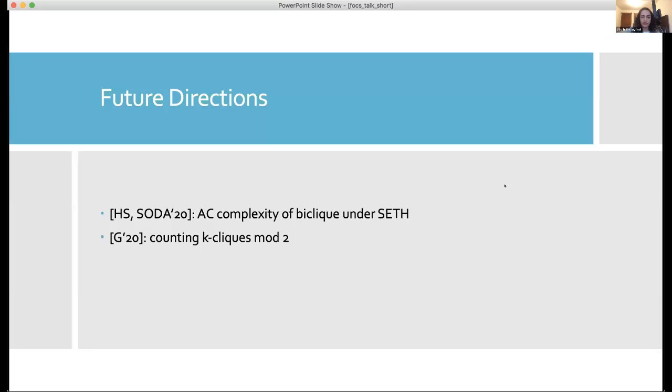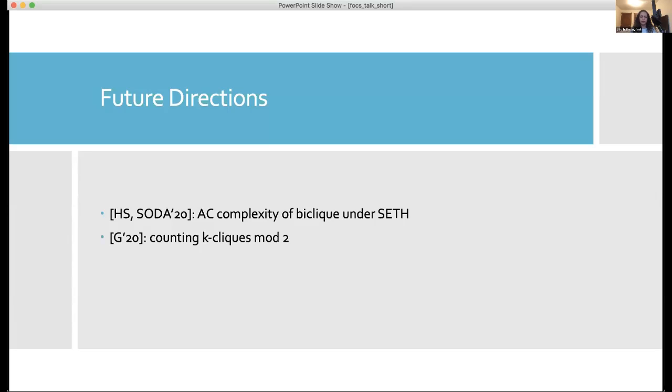So I want to end this with talking a little bit about future directions of average case fine-grained complexity. From last year's FOCS, when the BBB paper was published, there have been 3 independent works building on that paper.